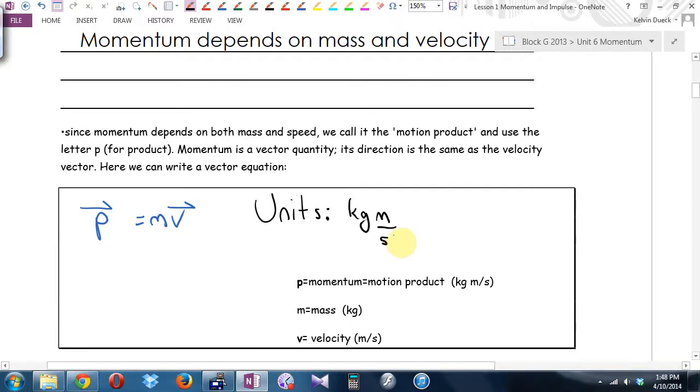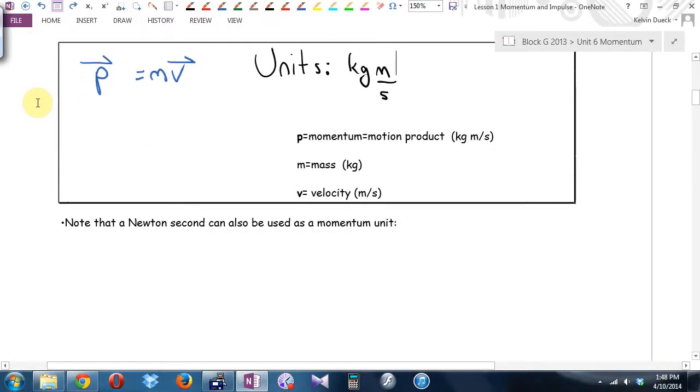Not to be confused with a force, because that's mass times acceleration. There is another way. It turns out another unit is a Newton second. That's also another way to measure momentum. Really? Yep. Because Newton, well, what does Newton measure? Force. Force F equals what?